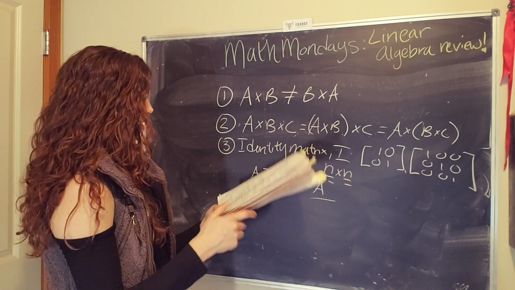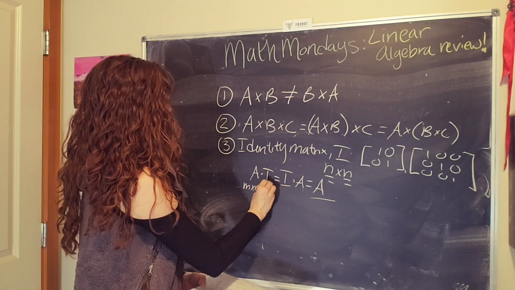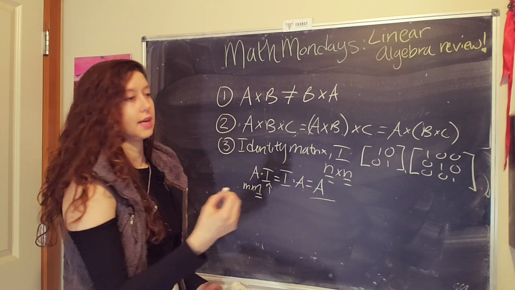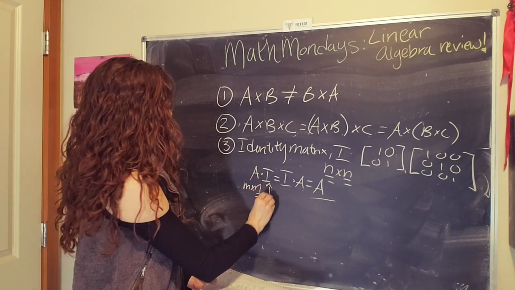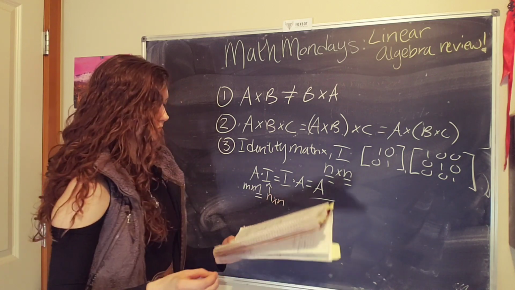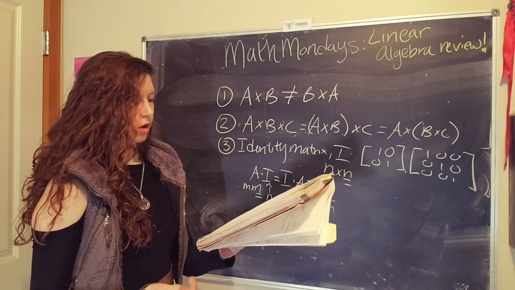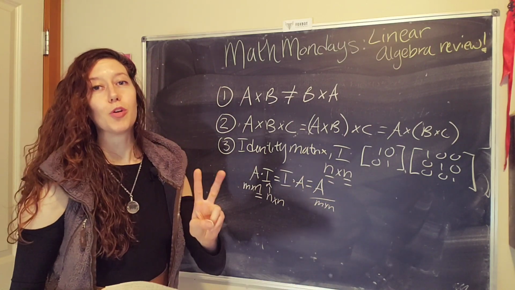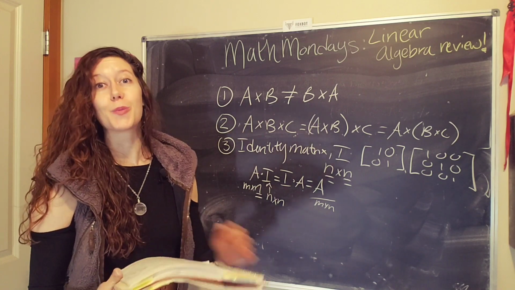Okay, note that this is n by n. The identity matrix must have the same number of columns, so n by n, and it does not change the shape, so this is still n by n. Okay, a couple more things: matrix inverse and transpose, and then we're done.